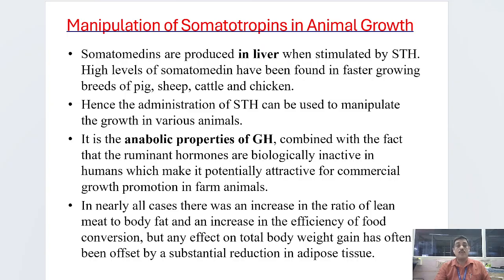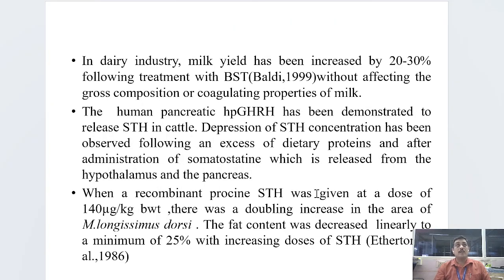So we have to depend on the modified form of the growth hormone in the dairy industry. By subjecting the animal to the growth hormone, it was found that there was a significant increase of 20 to 30% in milk production without affecting the composition or the coagulating property of the milk.